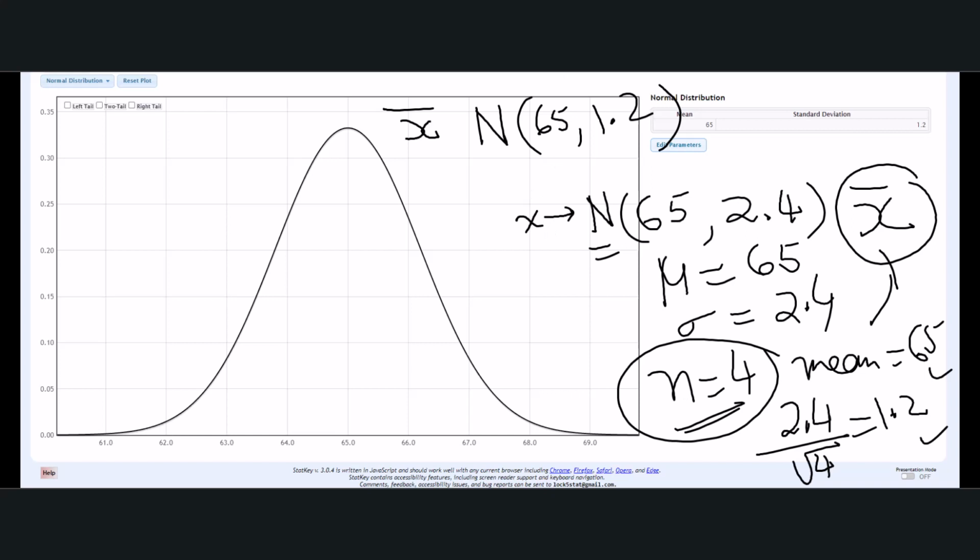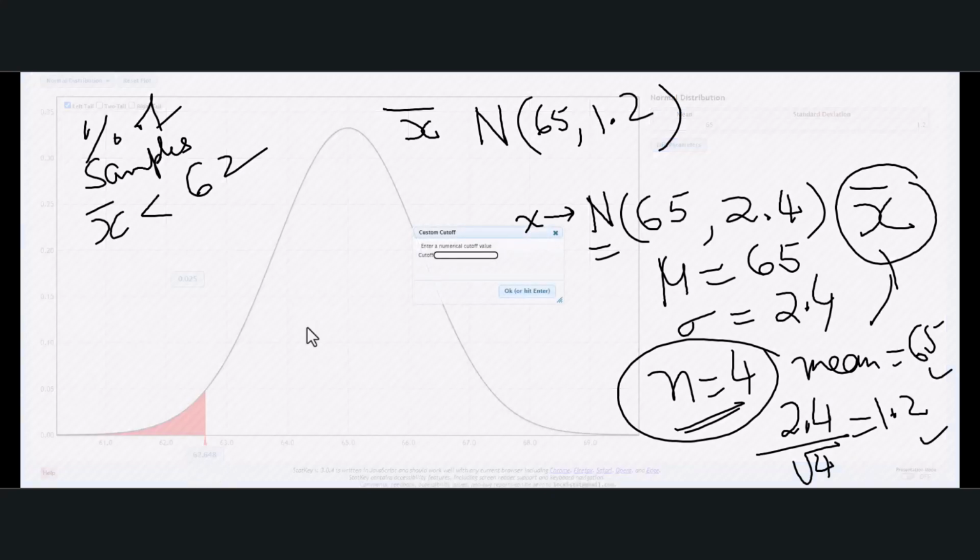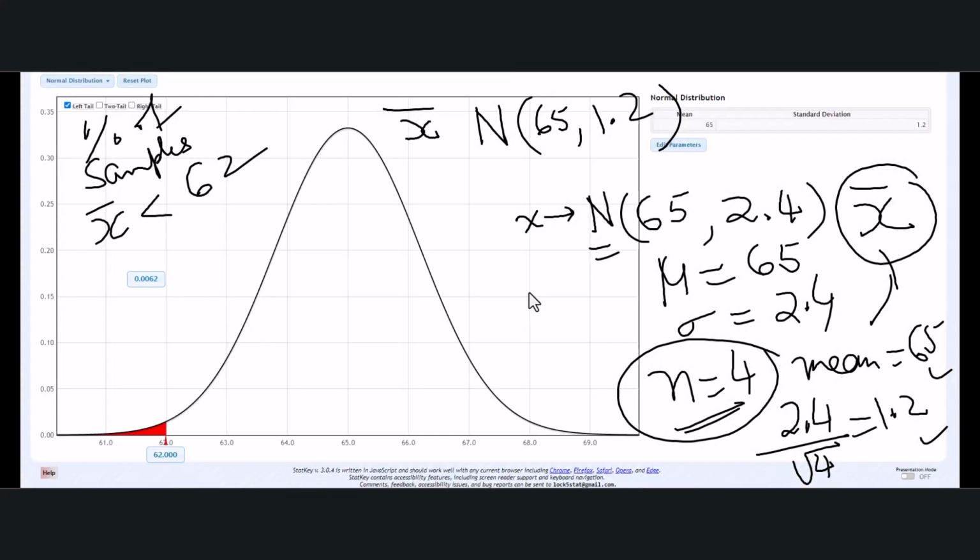So what we want to know now is the percentage of samples with mean X bar lower than how many? 62 drops. So we will go to the left tail, which is right here, and change this value to how much? 62. I'm typing 62 in here.